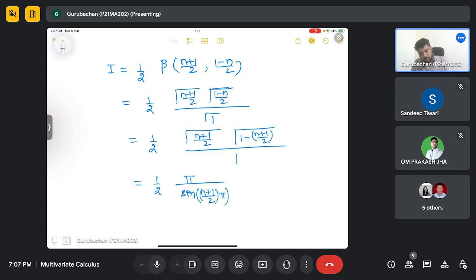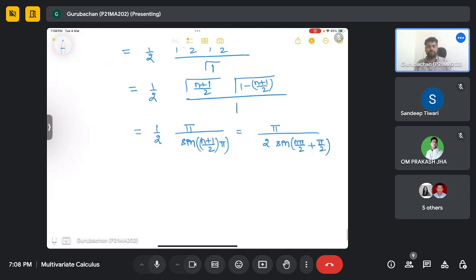This will give us pi by 2 into sine of n pi by 2 plus pi by 2. What is the value of this? How can I simplify this? It is pi by 2 plus some angle.